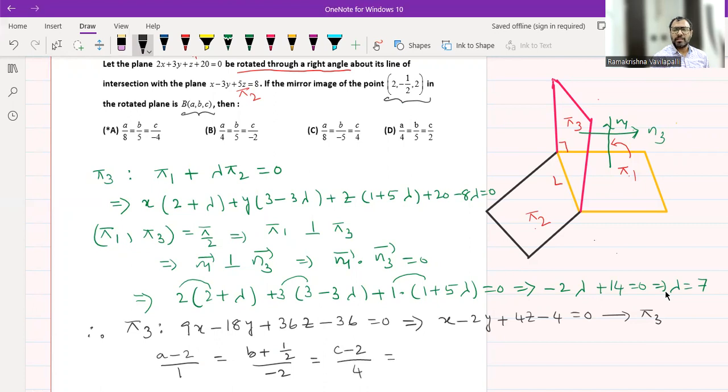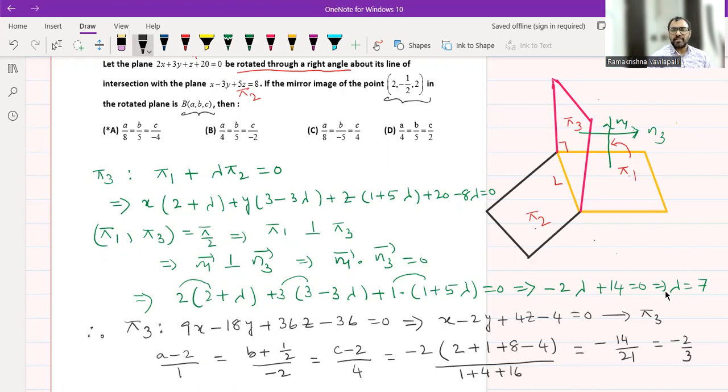We are applying the mirror image formula: minus 2 times, substitute the point in the given plane, 2 minus of minus here plus 1 plus 8 minus 4, by A square plus B square plus C square, 1 plus 4 plus 16. The numerator is 7, so minus 14 by 21. So we will get minus 2 by 3.